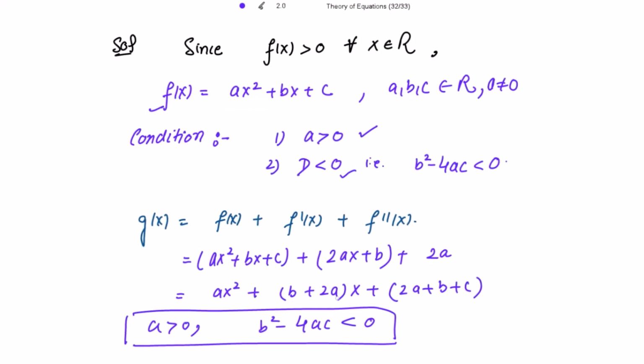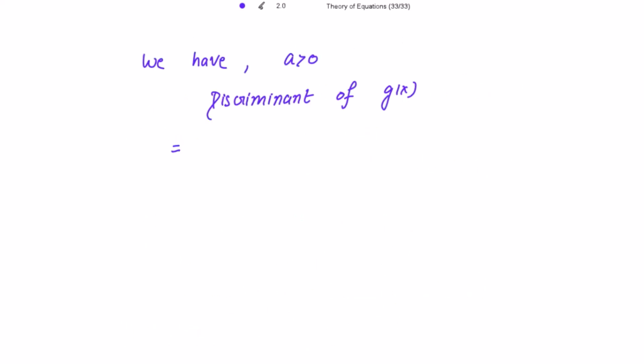We have for g(x) a positive and the discriminant of g(x) is equal to (b plus 2a) whole square minus 4 times a into (2a plus b plus c), right?